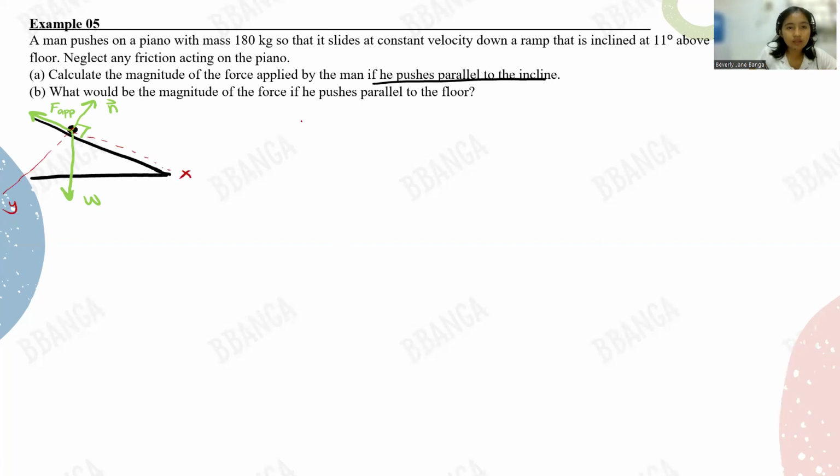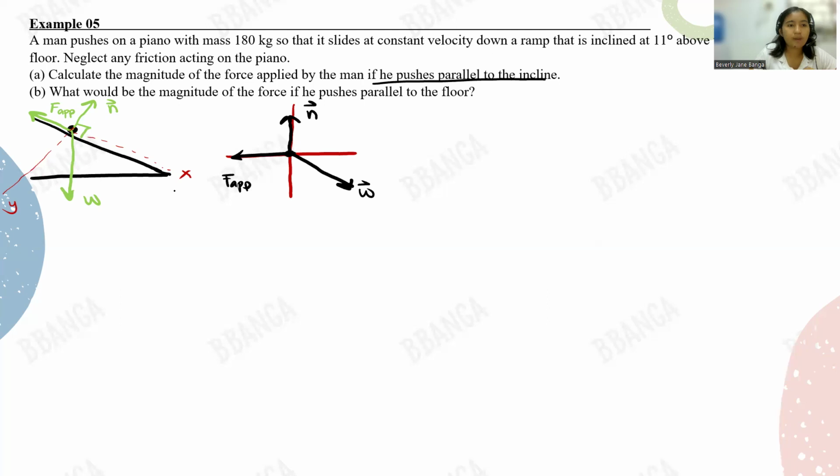So, kung ido-drawing natin to sa maayos na paraan, yung normal na untilted, ramp na untilted Cartesian plane natin. So, yung magiging itsura niya ay ganito. You have the normal here. Okay. And then, yung F applied mo pa left. And then, yung weight natin ay papunta dito.